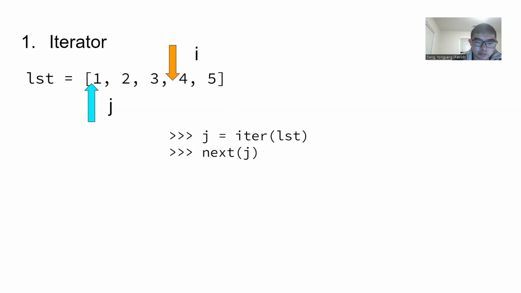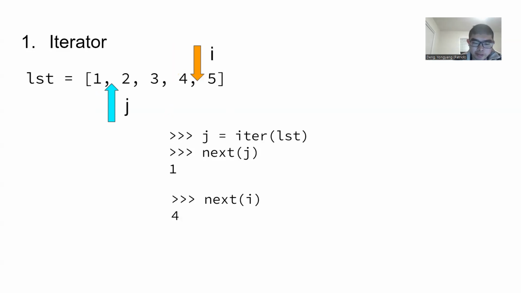So next J will be 1, and you move the bookmark: go past 1, return 1. And then for the old bookmark, next I, it's between 3 and 4, so I go past 4 and return 4. The bookmark is now in the new position between 4 and 5. So two or more iterators do not affect each other.